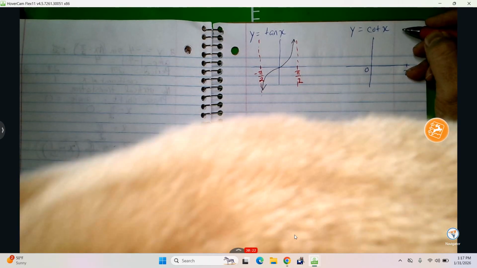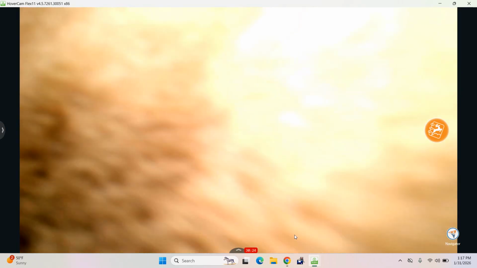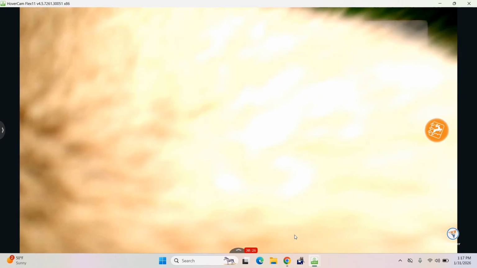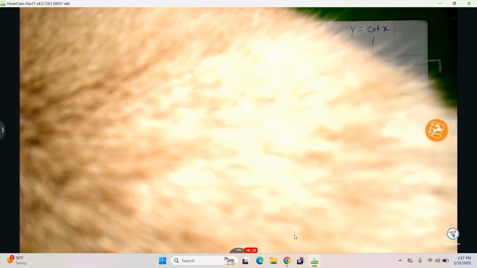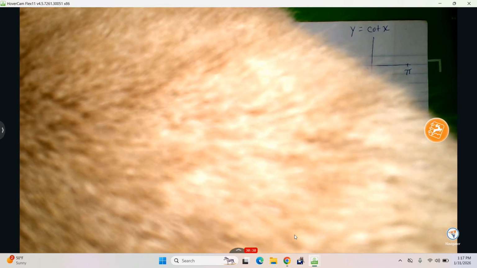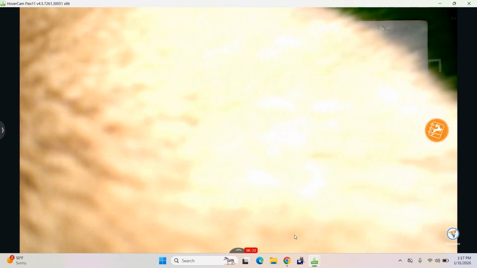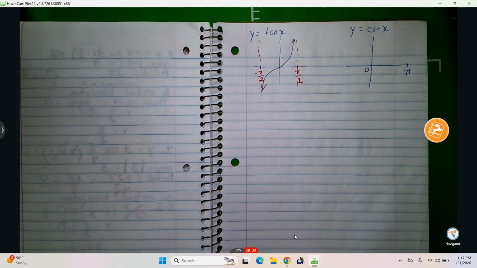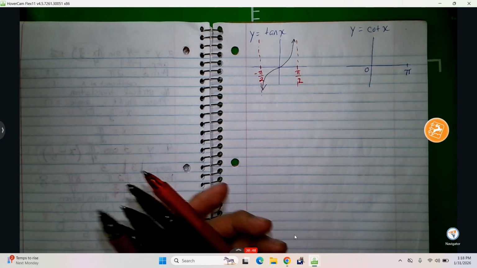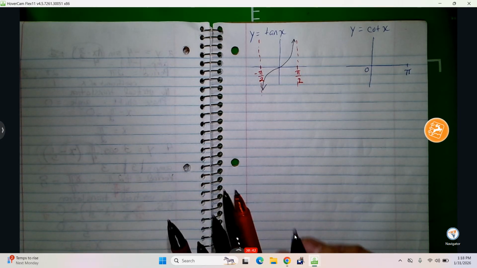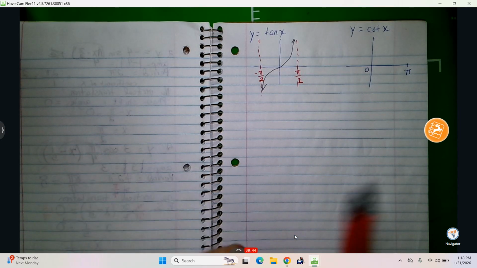Oh, my cat. I'm doing this at home on a Saturday morning, and my cat is curious. Let me try to get him off without destroying the camera. There. See. I'm a sucker.